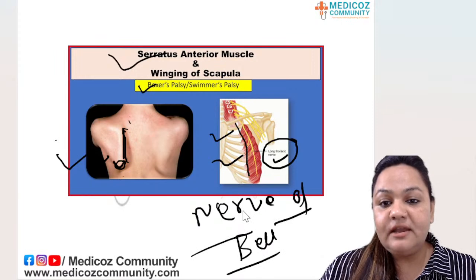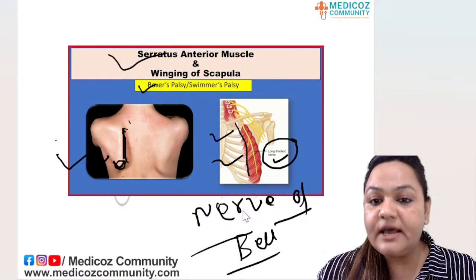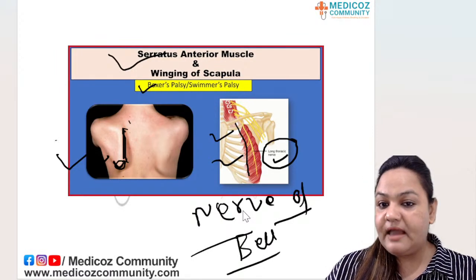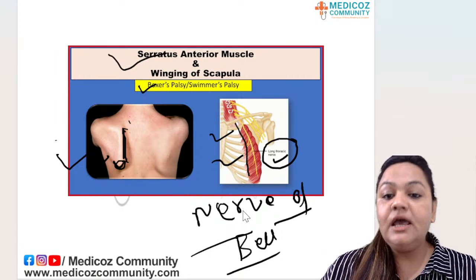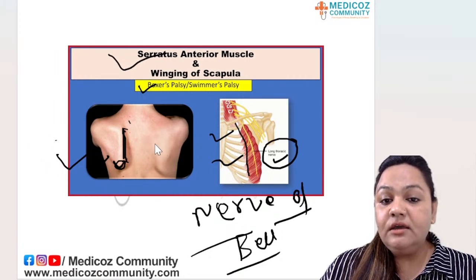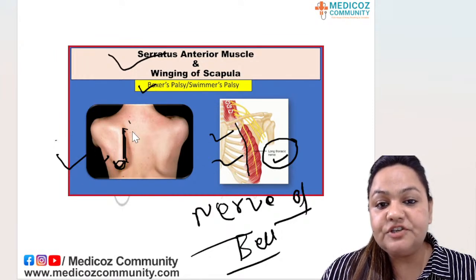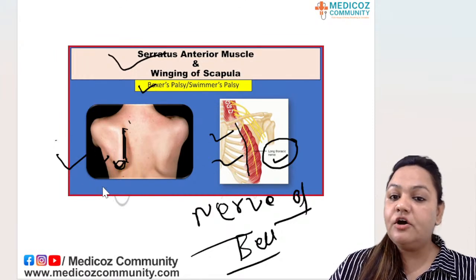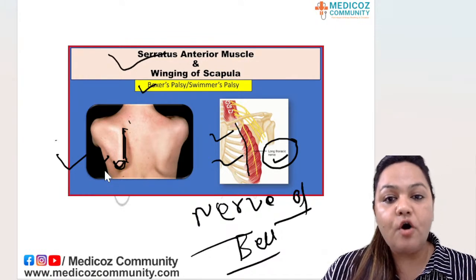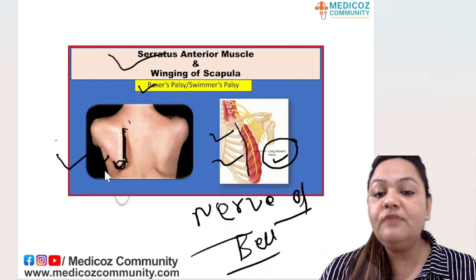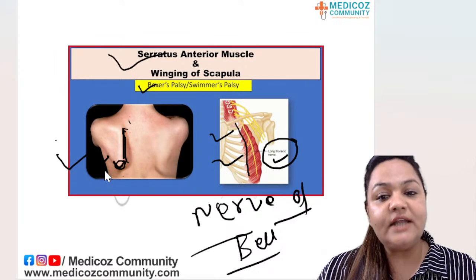Whenever there is injury to this long thoracic nerve or upper trunk of the brachial plexus, what will happen? There will be paralysis of the serratus anterior muscle, and you will see this feature there, which is called winging of scapula. Now we have got all the points related to winging of scapula. What are these points?